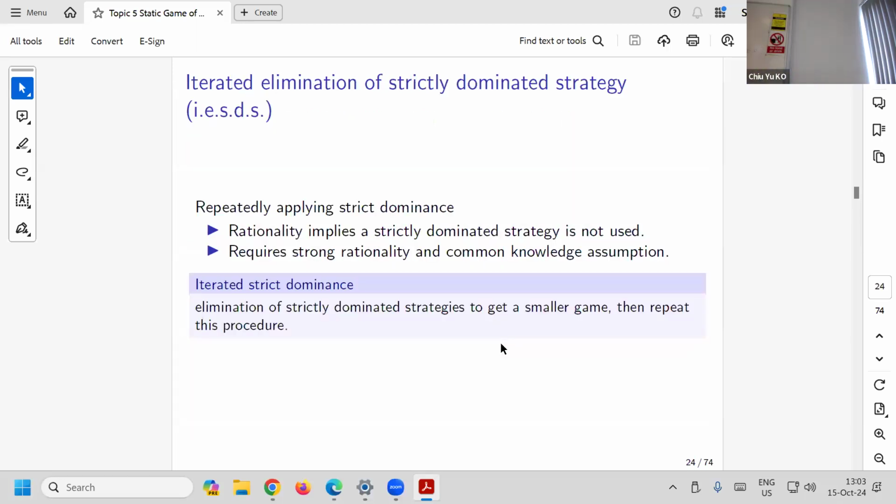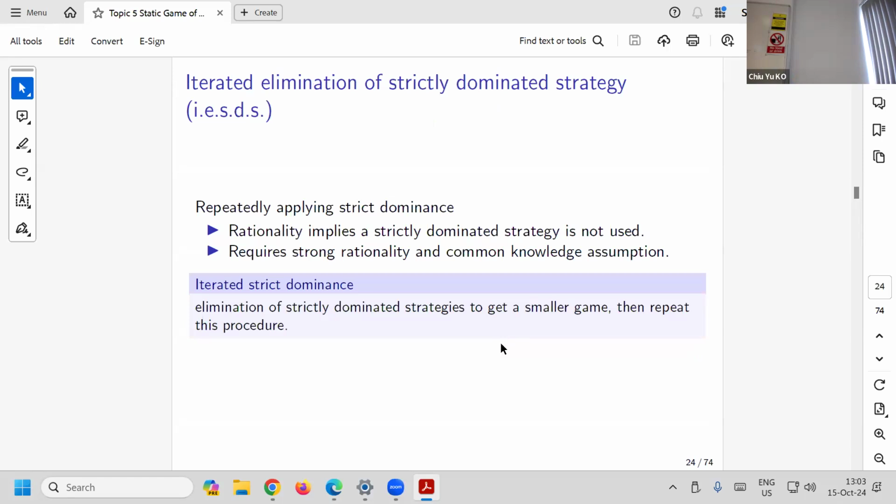So I hope the strict dominance solution makes sense. You just take away something stupid. So this is very simple. You don't require a lot of cognitive capacity or mental skill to do it.